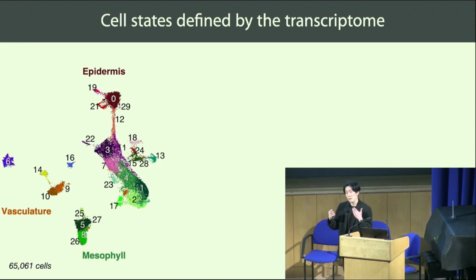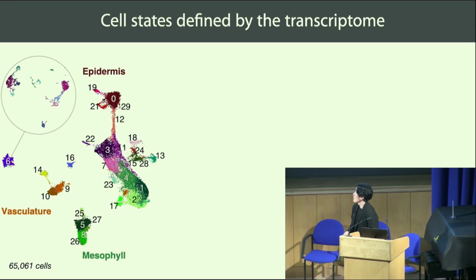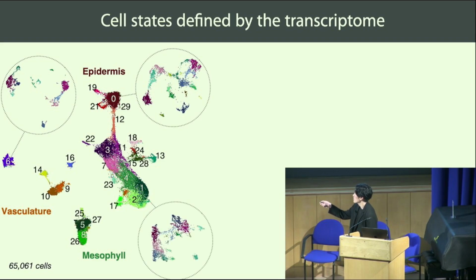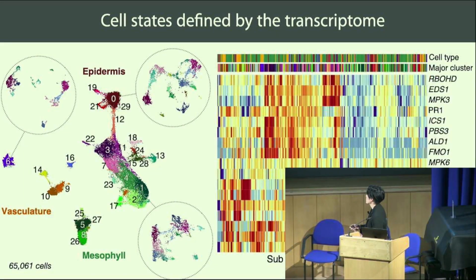But we can go ahead and identify further cell populations by subclustering individual major clusters. These are cell populations with distinct gene expression patterns. So we systematically identified over 400 subclusters, some of which might be meaningful cell states in plants.